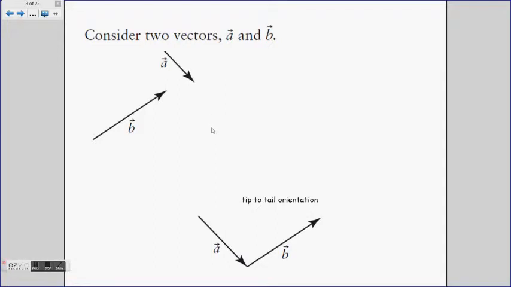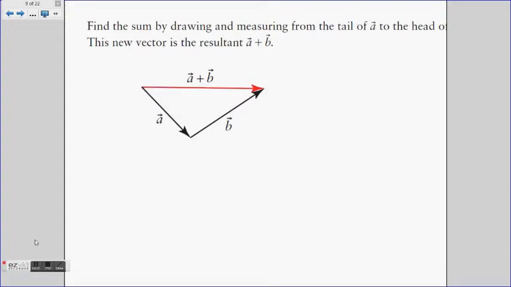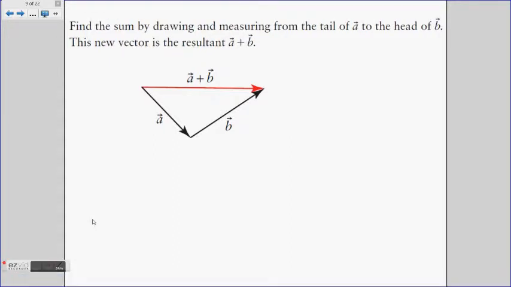In order to add the vectors together, we must put them in an orientation that we call tip to tail, which means that the tip of A touches the tail of B. We can then draw and measure the resultant vector from the tail of A to the head of B. So basically where we start to where we ended. Again, this new vector is called the resultant, which is the sum of A and B.